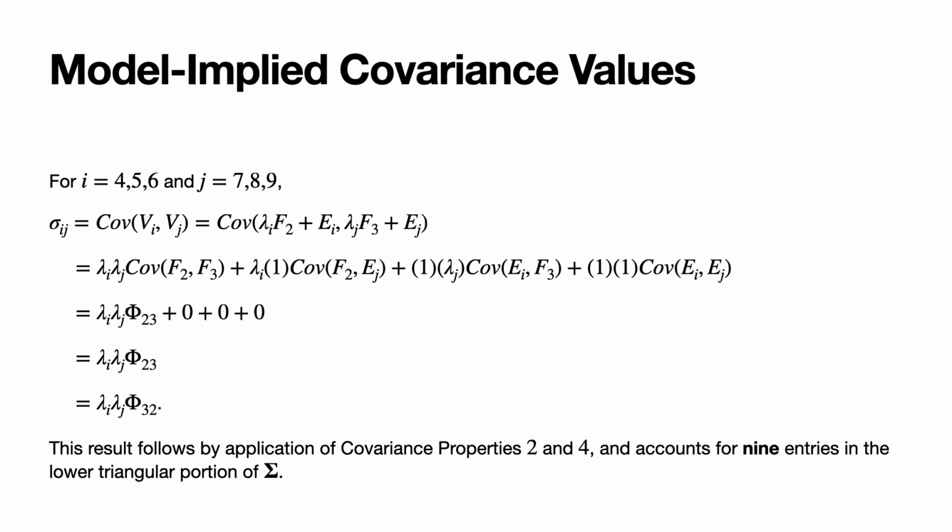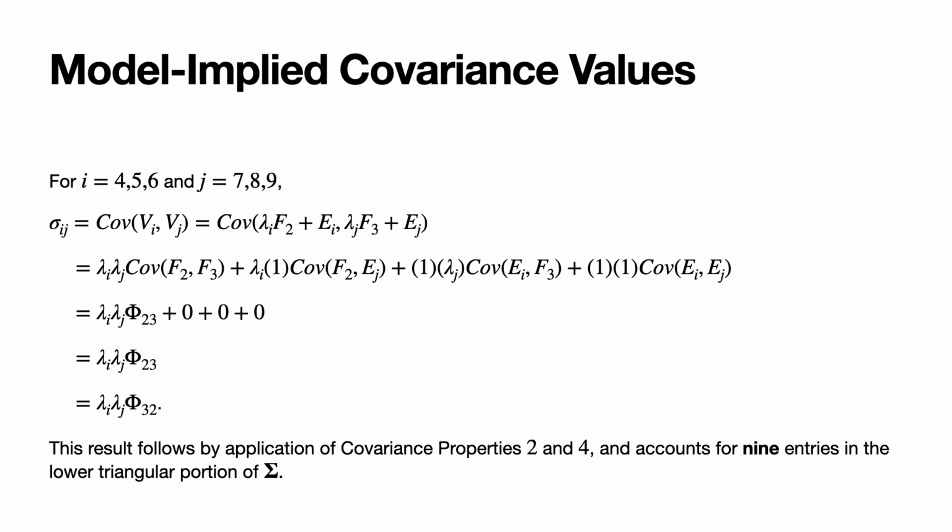This in turn turns out to be equal to lambda i times lambda j times the covariance of f2 with f3, plus lambda i times 1 times the covariance of f2 with e sub j, plus 1 times lambda j times the covariance of e sub i with f3, plus 1 times 1 times the covariance of e sub i and e sub j.